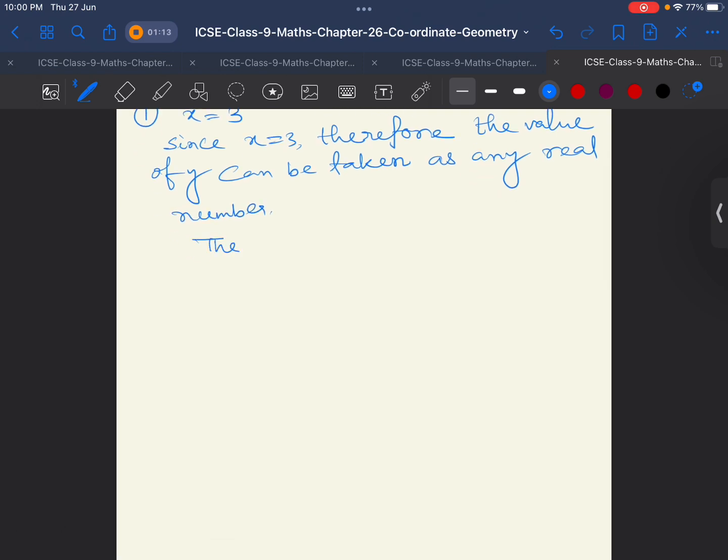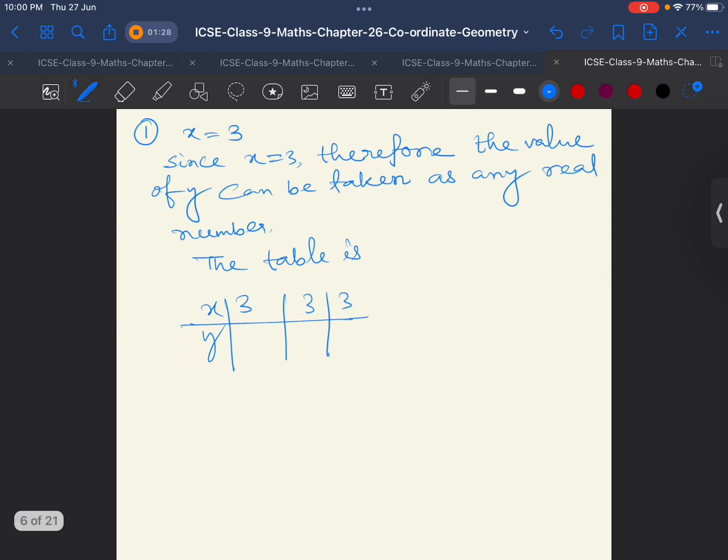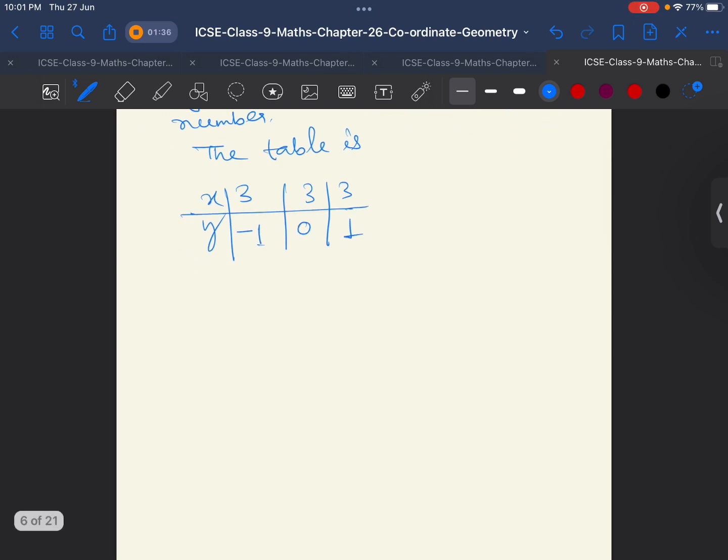So the table is: x value 3, and the value of y can be taken as any real number. We can take -1, 0 or 1.